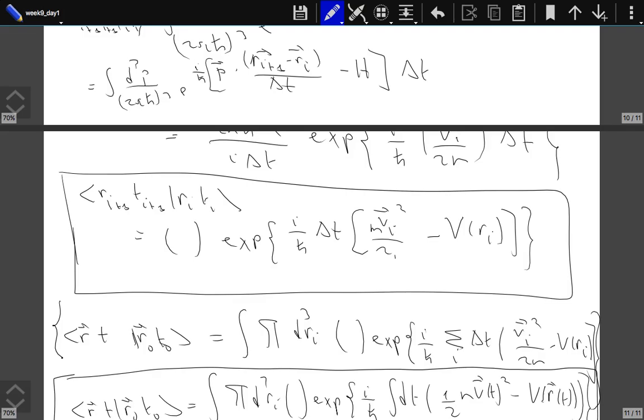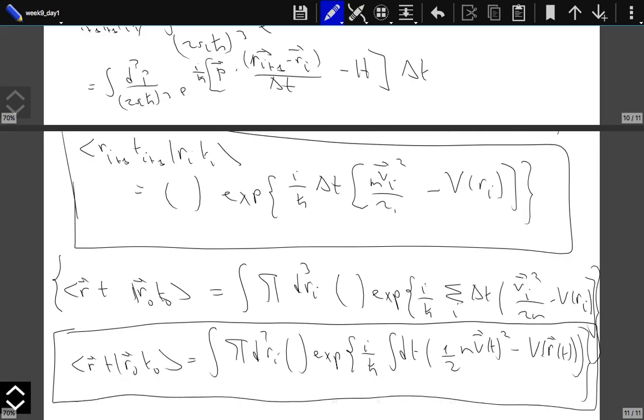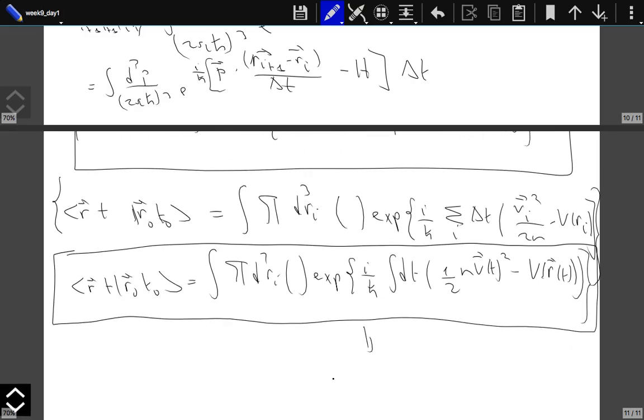So basically what we do is we first go to imaginary time, as if we are doing statistical physics. One advantage of imaginary time is that this exponent becomes e to the power minus h times beta, in a sense.